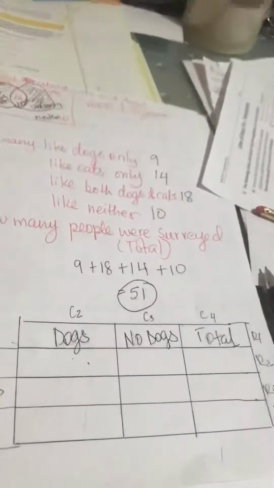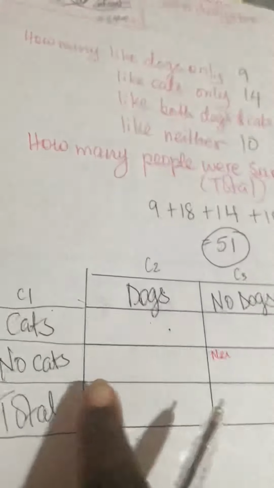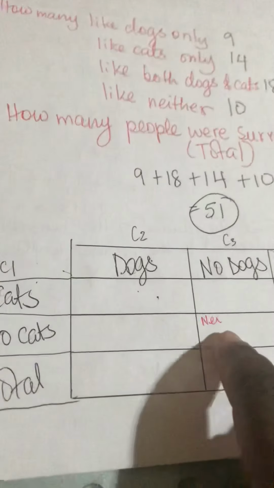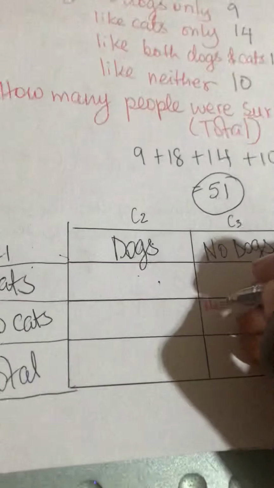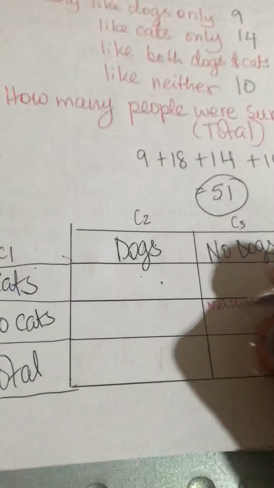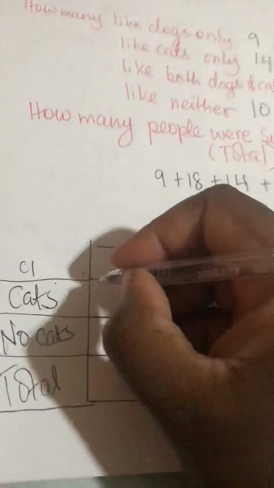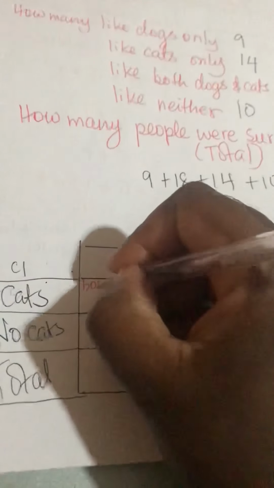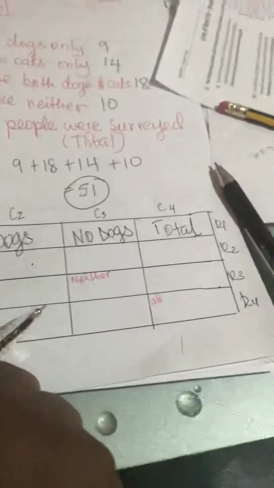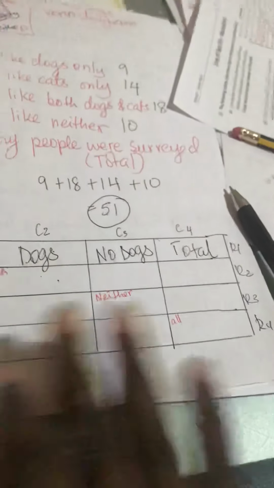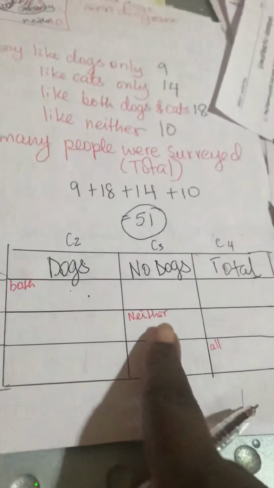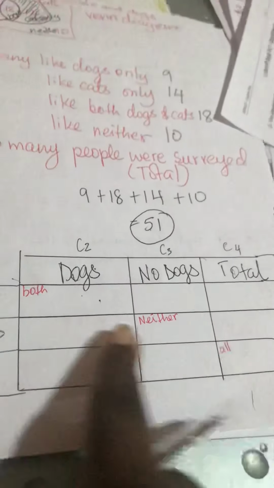This one is neither, because no and no, they meet over here. So this is neither. This one is both. So if you label these 3 like this, everything will be easy. Both, neither, all.